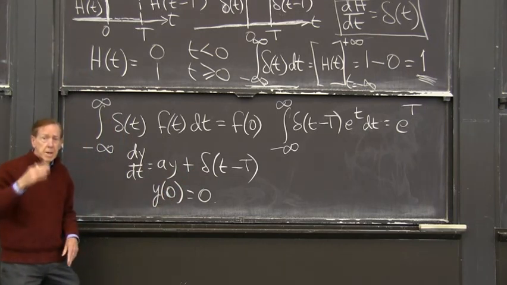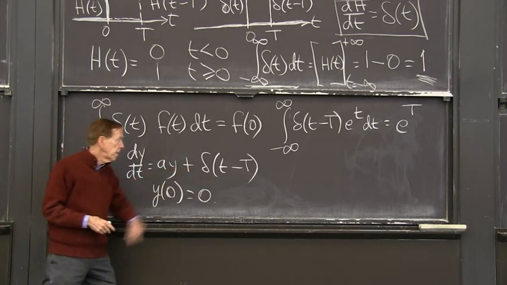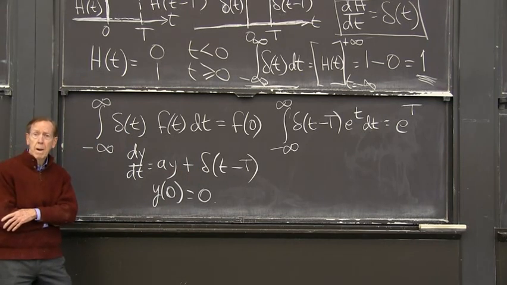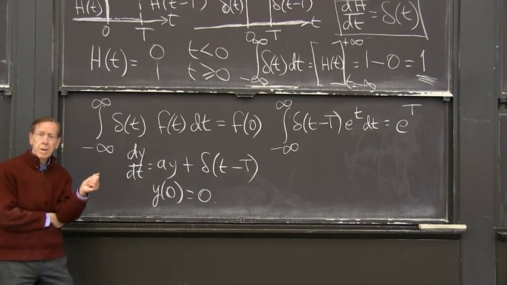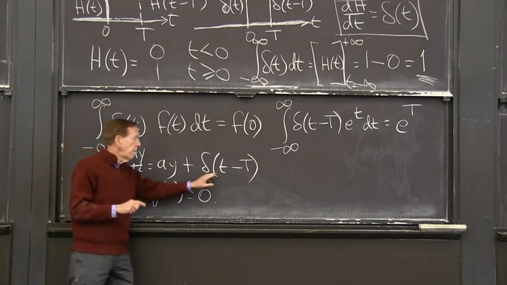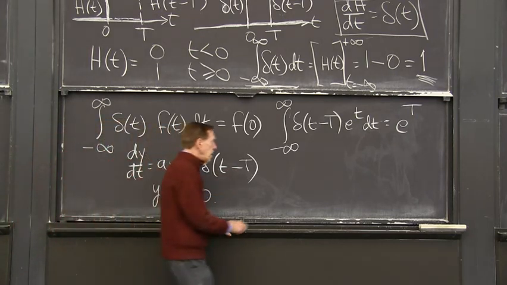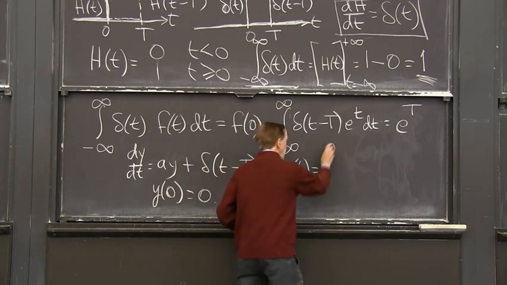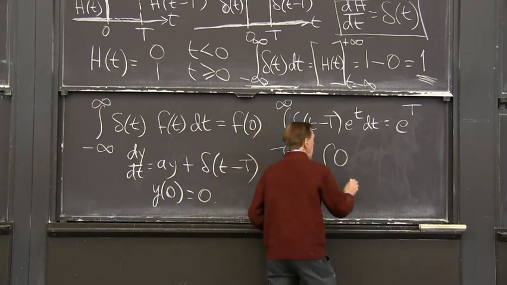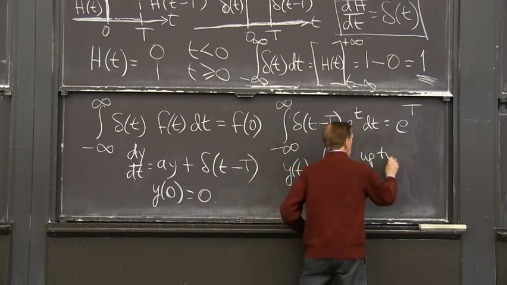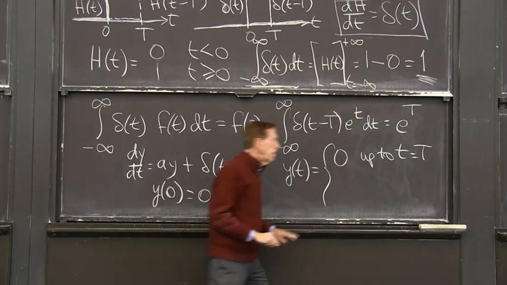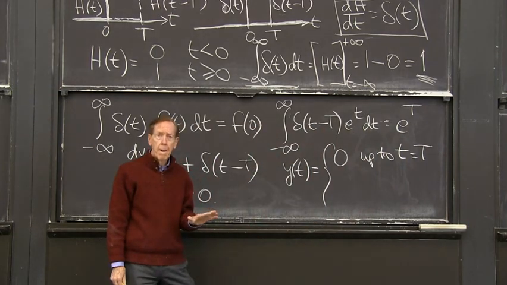If I was depositing $10, I would make it 10 delta. Okay, so we know what the solution is from a deposit of $1 made at one time, t equals capital T. What is the solution? Y of t is 0 up to t equals capital T. Nothing whatever has happened.